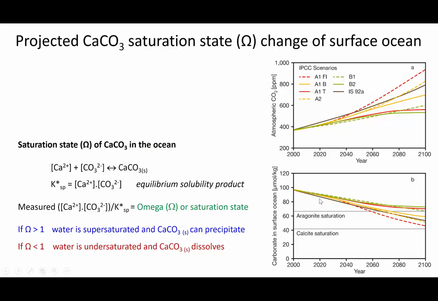Over on the right here, we have some projections for the surface ocean going out to the year 2100 for the saturation state omega of 2 different forms of calcium carbonate, calcite, which is formed by foraminifera and also coccolithophorids and some molluscs, versus aragonite, which is another form of calcium carbonate produced by corals and other molluscs.